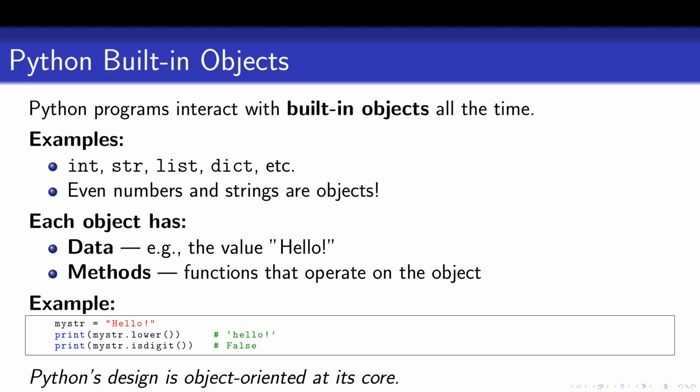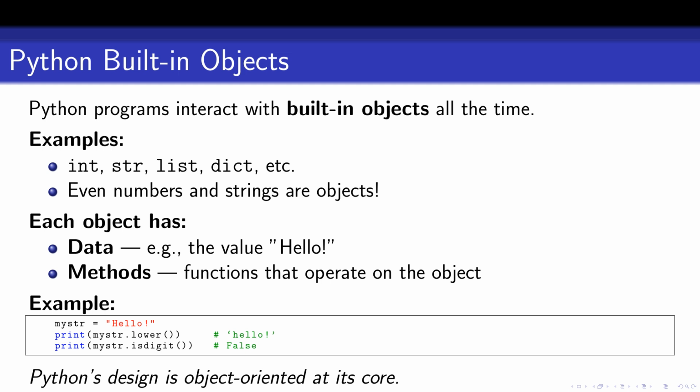Python is an object-oriented language at its core. Even the most basic data types, like integers, strings, and lists, are implemented as objects. Each of these objects carries both data and behavior. For example, a string not only stores text like hello, but also provides methods like .lower to transform that text, or .isdigit to analyze it.